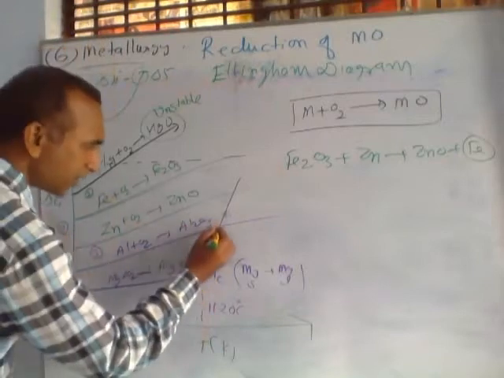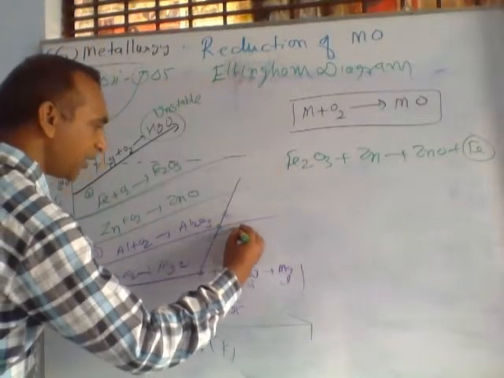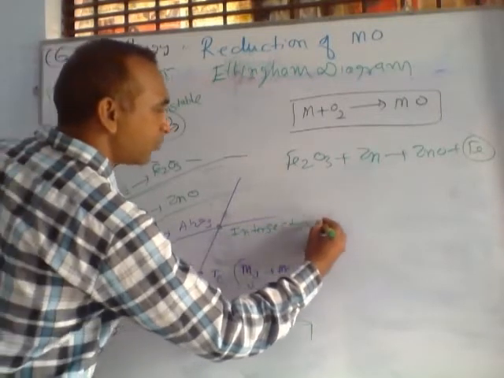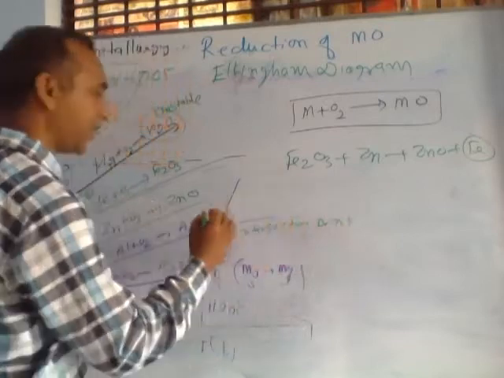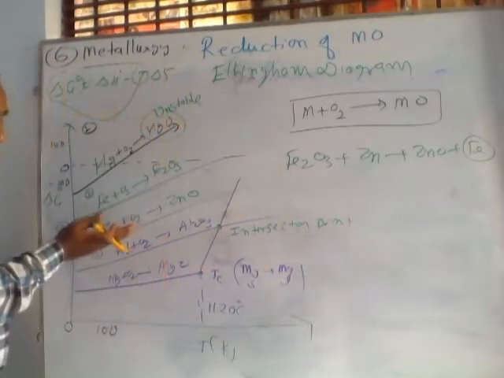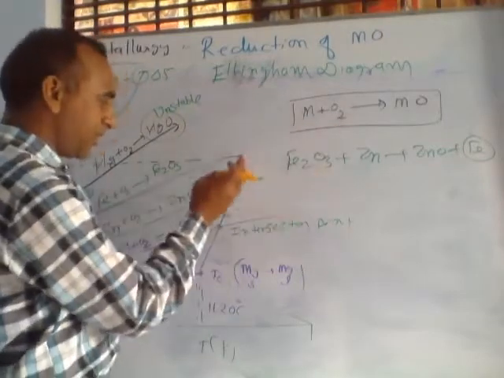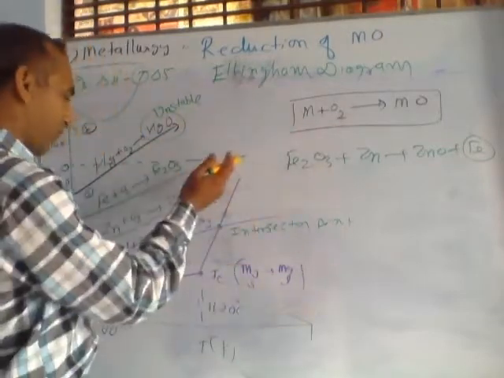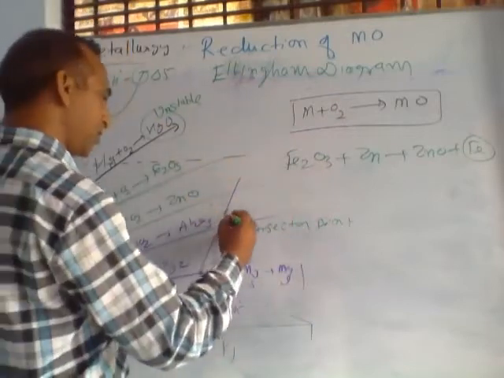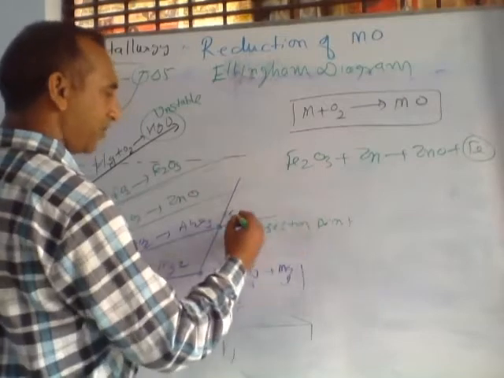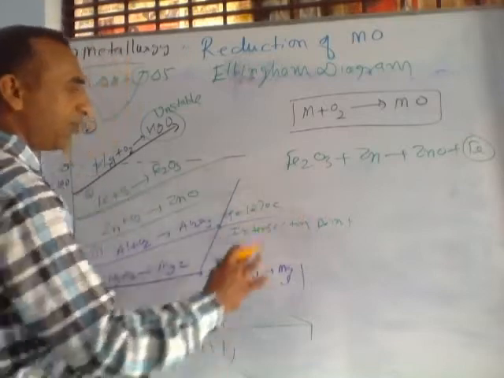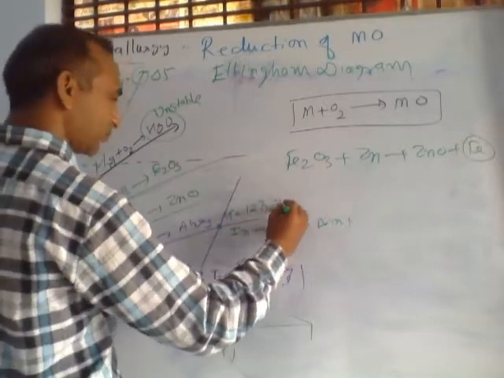And after this change, the curves meet at what is called the intersection point. This intersection point indicates that below this temperature magnesium can reduce aluminium oxide, but above this temperature the reaction becomes reverse and aluminium can reduce magnesium oxide. This is called the intersection temperature, approximately 1270 degrees Celsius, in Kelvin.